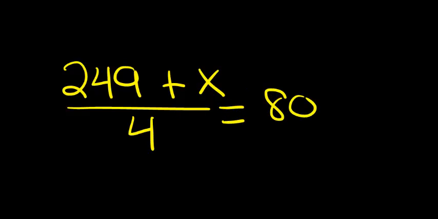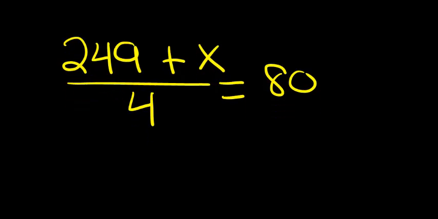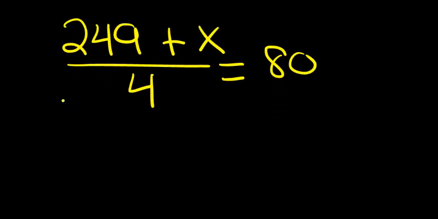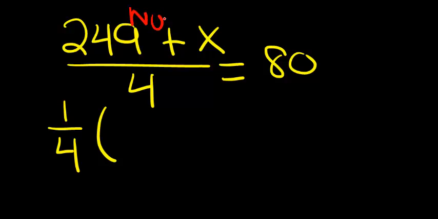If I want, I can go ahead and rewrite this algebraic equation. I'm going to pull out the fraction. I'm going to say 1/4 times everything that's in the numerator. This top portion right here is called your numerator of your fraction. And this is the denominator.